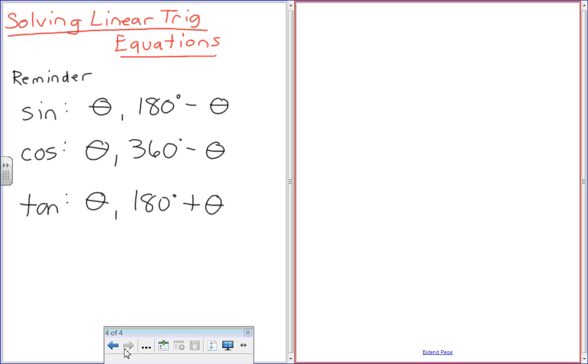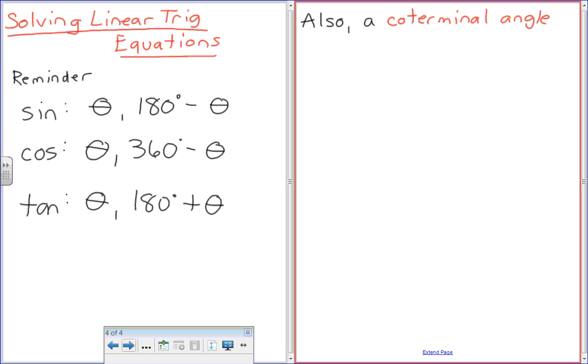Example 1. Okay, also, do you guys remember right at the beginning of our unit, like 2 units ago, we talked about a coterminal angle?